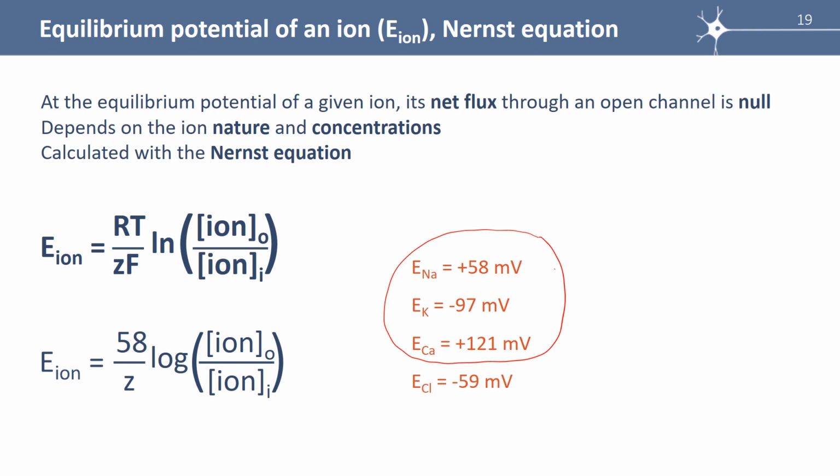The sodium ions will always enter the cells, the potassium ions will always exit the cell, and calcium ions will always enter the cell. It's much more difficult for chloride ions because the equilibrium potential of chloride ions is very close to what we call the resting membrane potential of neurons. So we will see later how these ions move.